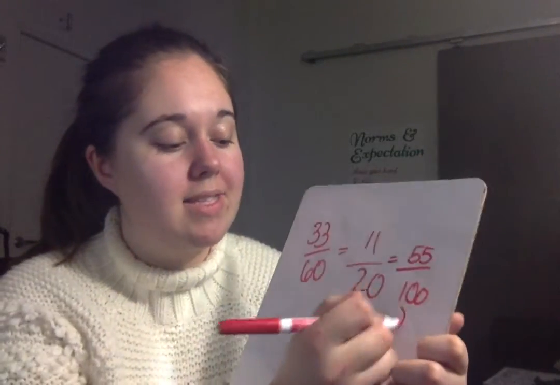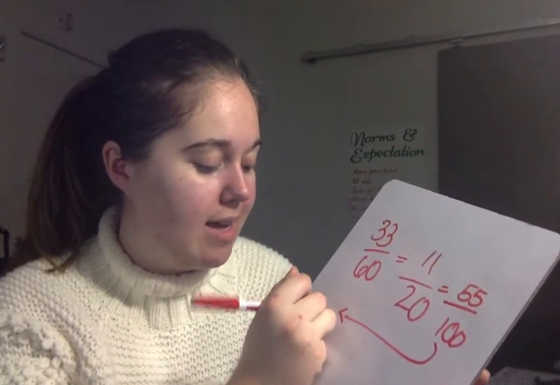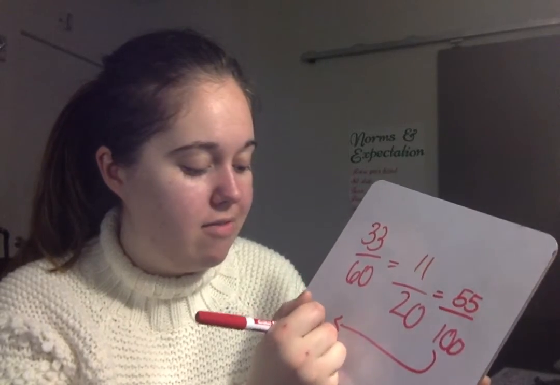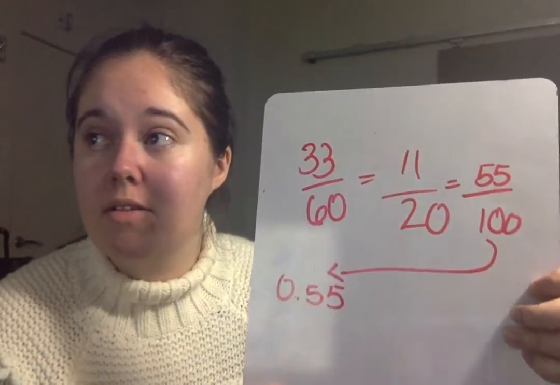So then we could put that as a decimal. Well, let's make it over 100. That's 55 over 100. So the decimal for that is 0.55, or 0.55 hours.